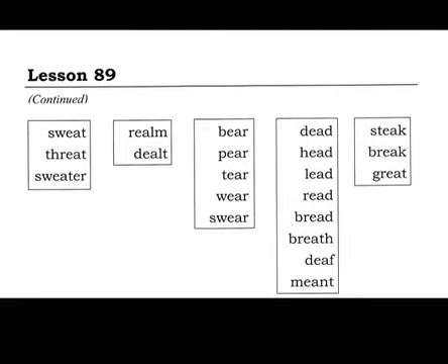Bear, pair, tear. Now, T-E-A-R also stands for the word tear, like the tears in your eyes. So you've got two T-E-A-R's. One is tear, like to tear up something, and the other is tear, like tears in your eyes.